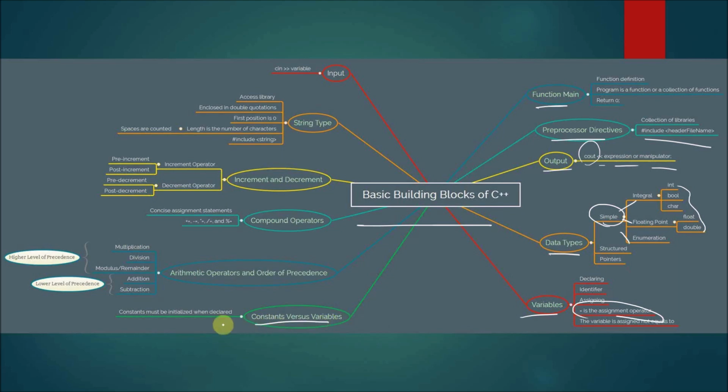With constants, we initially assign them when they're declared, and they don't change, versus variables, and we talked about why earlier. We talked about arithmetic operators in order of precedence, whereas these particular operators have a higher precedence than these operators here. We talked about compound operators and how they can save us time, but we don't recommend them now because we're learning.